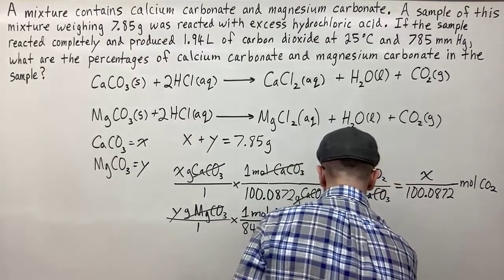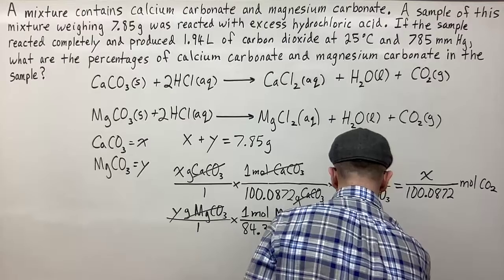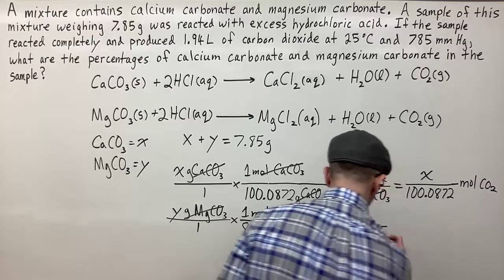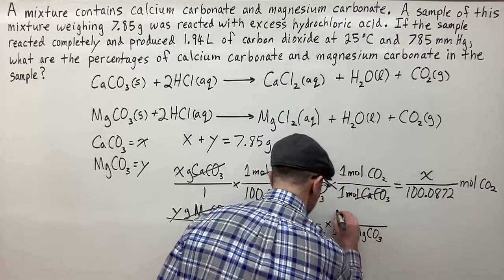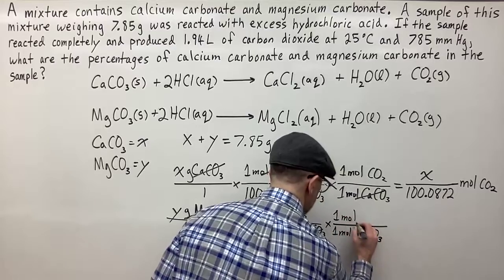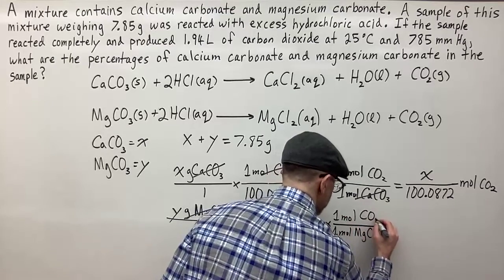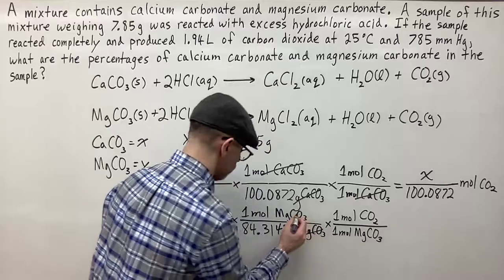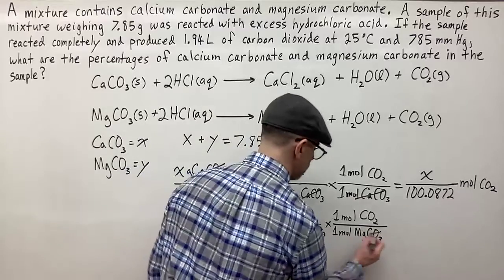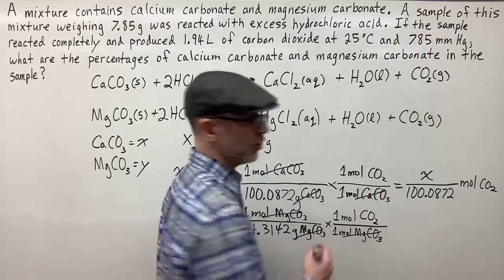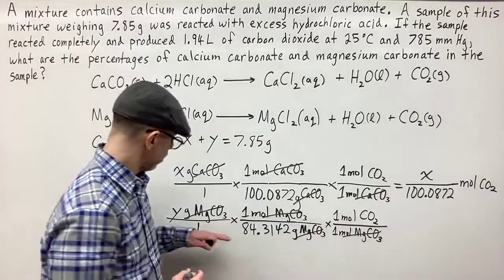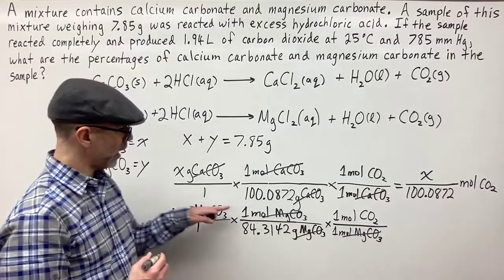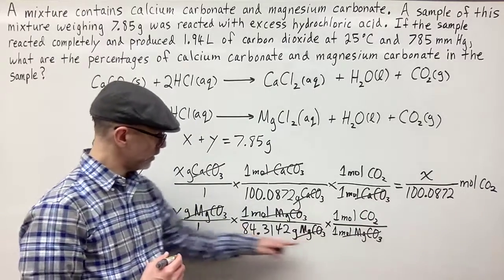So 1 mole of magnesium carbonate on the bottom and 1 mole of carbon dioxide on top. So moles of the magnesium carbonate cancel out. Now I have moles of carbon dioxide. So again, all I'm going to do is multiply Y by 1, divide by the molar mass, divide by 1.